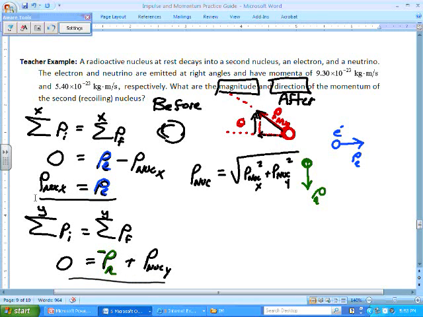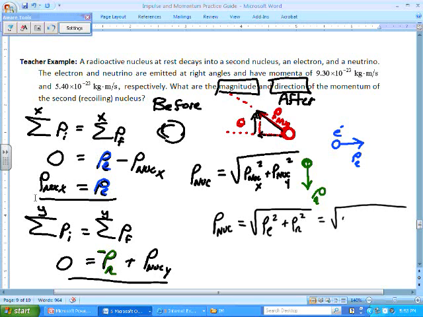And we know from these previous equations what exactly those x and y components are. So really we're saying that the momentum of the nucleus is the square root of the momentum of the electron squared plus the momentum of the neutrino squared.